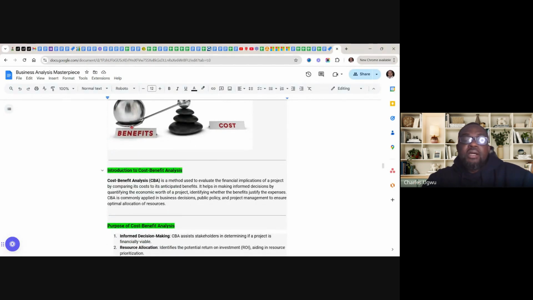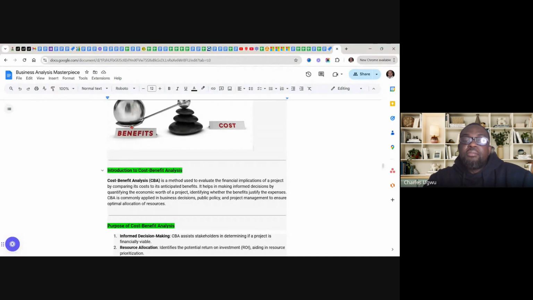Cost-benefit analysis is a method used to evaluate the financial implication of a project by comparing its cost to its anticipated benefits. Say anticipated benefits.